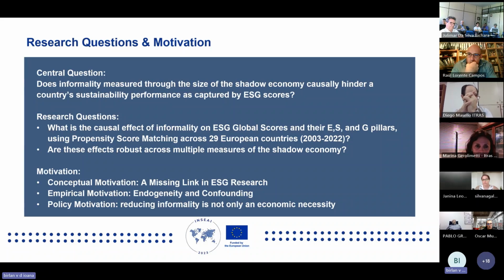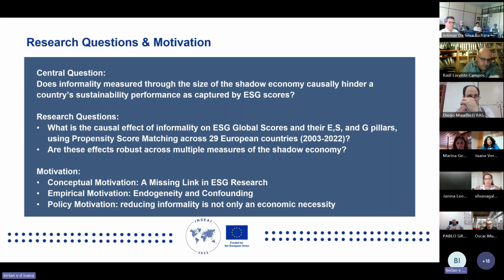And we have three main motivations for wanting to study this. First of all, there is a conceptual motivation. There is a missing link in ESG research in the sense that no previous study has linked ESG research to informality. Researchers have studied governance structures in regards to sustainability in the form of ESG scores, but they have not linked the two.